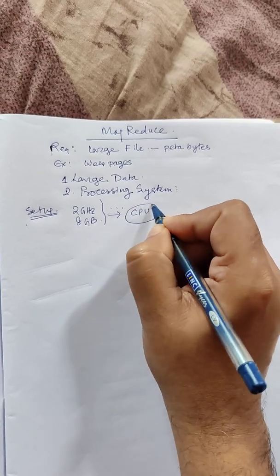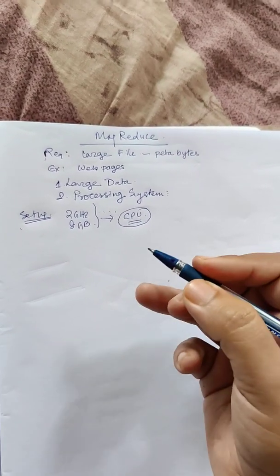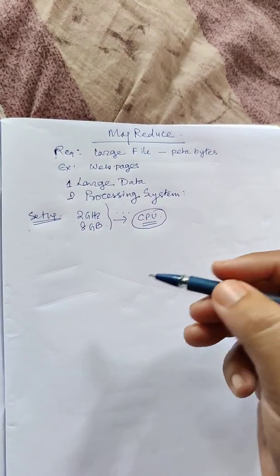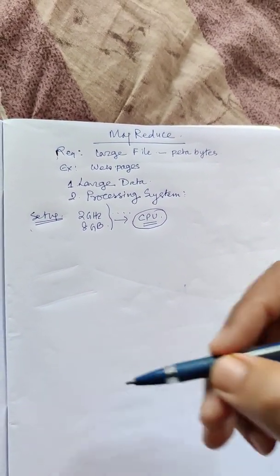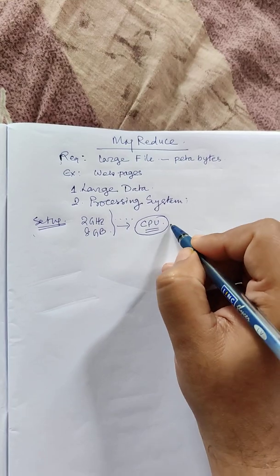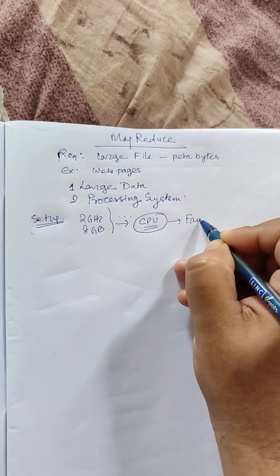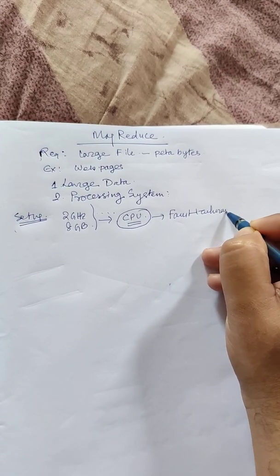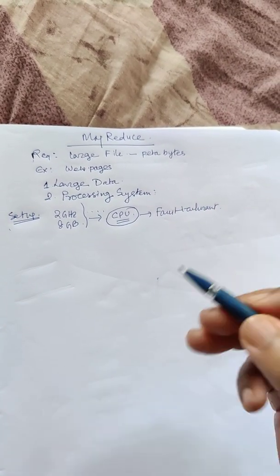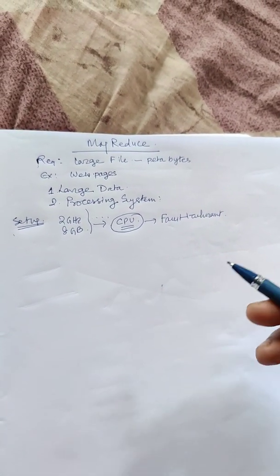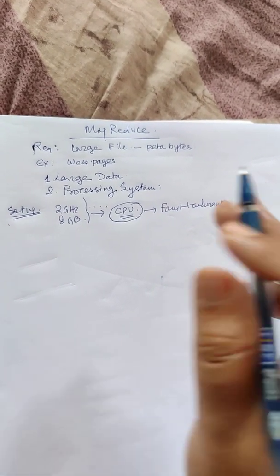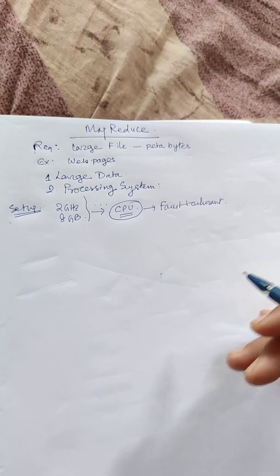And these commodity CPUs have a tendency, as we know already, to fail. Anytime they can fail, and we need to take proper fault tolerance measures, and that should be taken care of while we design this type of system, and we can see that in our discussion too.